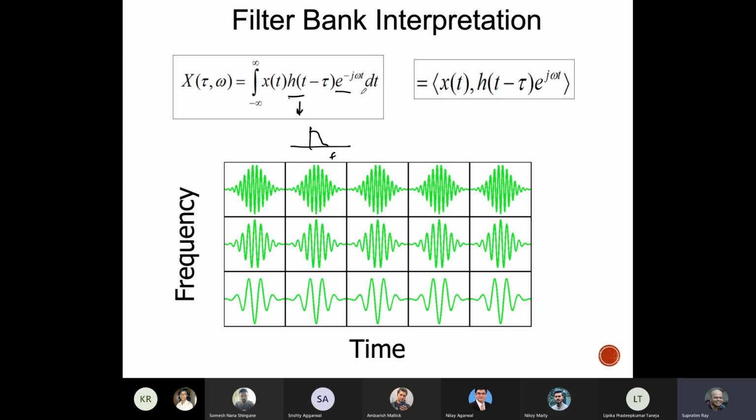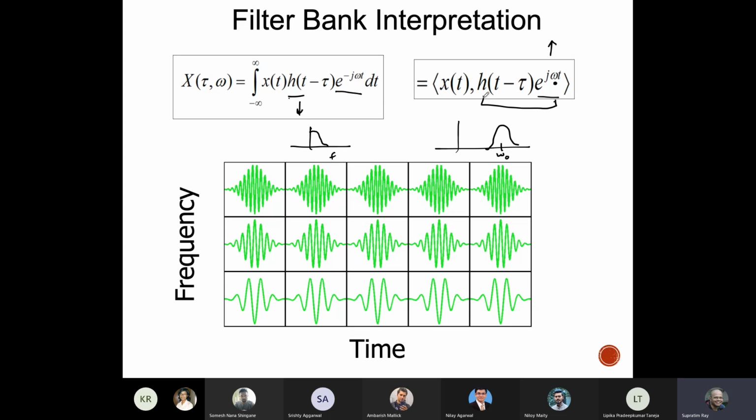And when I multiply it with this, because this in the frequency domain is a delta function sitting at omega naught, when I take a product, the Fourier transform is just the same thing sitting at omega naught, whichever is your omega here.